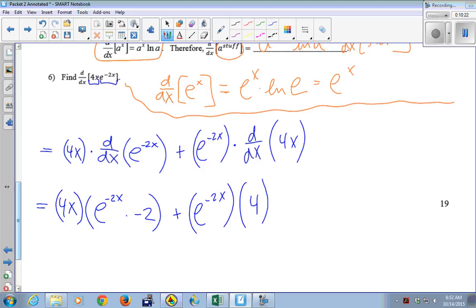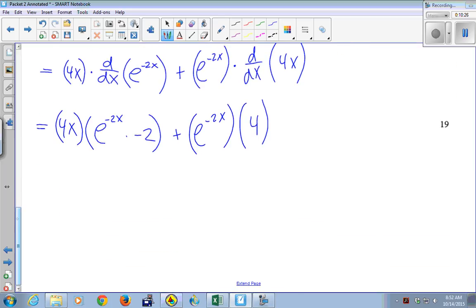There we go. I'm done. I could just circle it, but like I said, if you can do one or two simplifications that make a big difference, go ahead and do them. I can see a really easy one to do here. I'm going to multiply the 4 and the negative 2, and that's it. So I have negative 8x e to the negative 2x plus 4 e to the negative 2x.